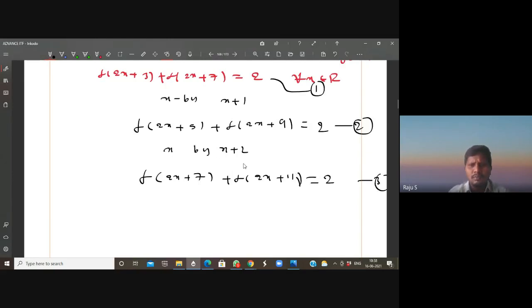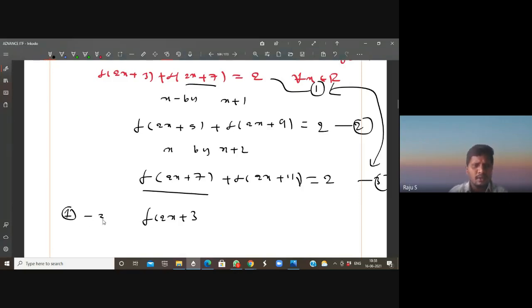Okay. So what do you observe here? F of 2x plus 7, f of 2x plus 7. Right? So then what will it be? You can subtract these two values. Equation 1 minus 3, sorry, 1 minus 3.